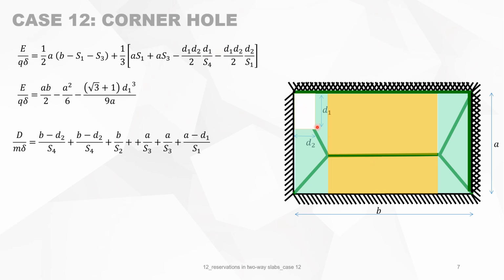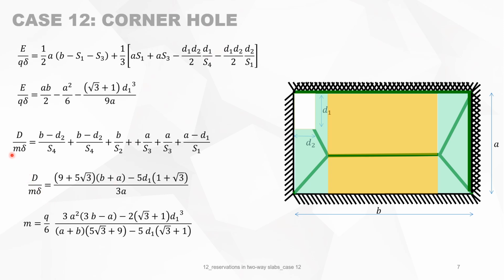And what's left is this yield line projected on this axis of rotation, which gives you, of course, A minus D1, because the reservation is there, times delta over S1. We can fill in the parameters, and B must be equal to E, so we can have M, and M is then equal to this expression.